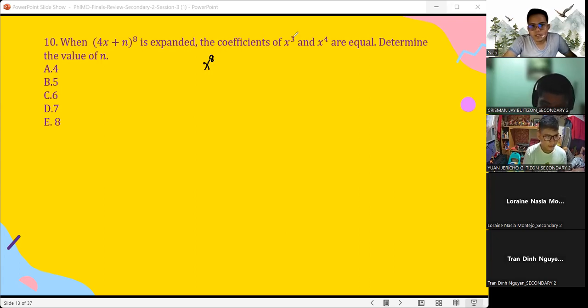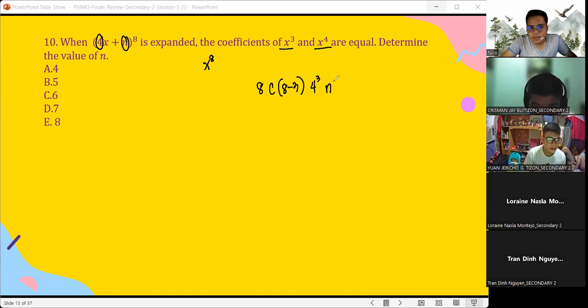But what you're going to get to solve for the coefficient is x to the 3 and x to the 4, and they are said to be equal. So out of 8, you choose 8 minus 3, and then this is 4 and n. So this is 4 raised to 3 and n raised to 5.